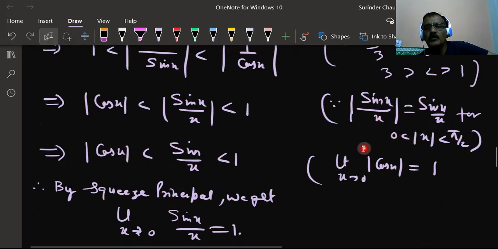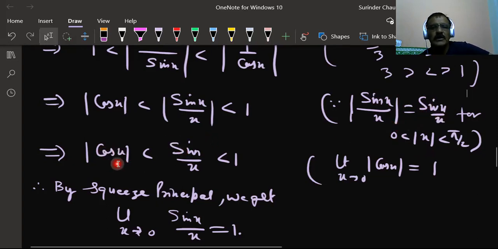If x belongs from minus pi by 2 to 0 interval, then modulus of sin x is equal to minus sin x, modulus x is equal to minus x, and they cancel. In this interval, we can replace modulus sin x upon x by sin x upon x.